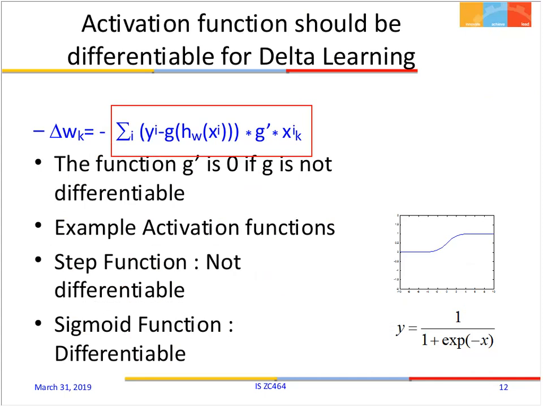This is the training data's kth feature. Then the computation of the weighted sum is with the ith training data, so x1, x2, x3, etc. are used here. Yi is the known target, that means the target class.